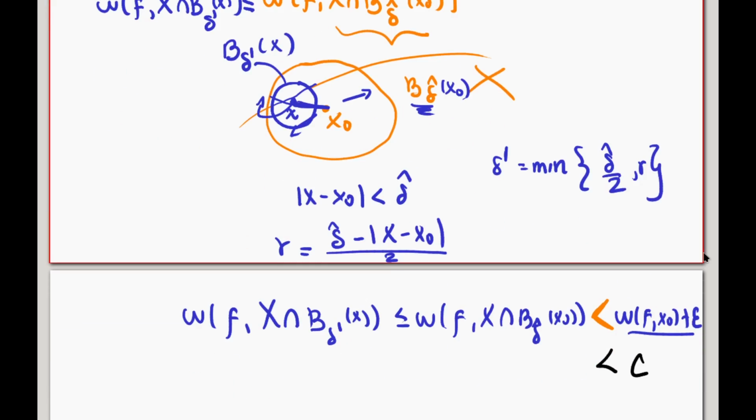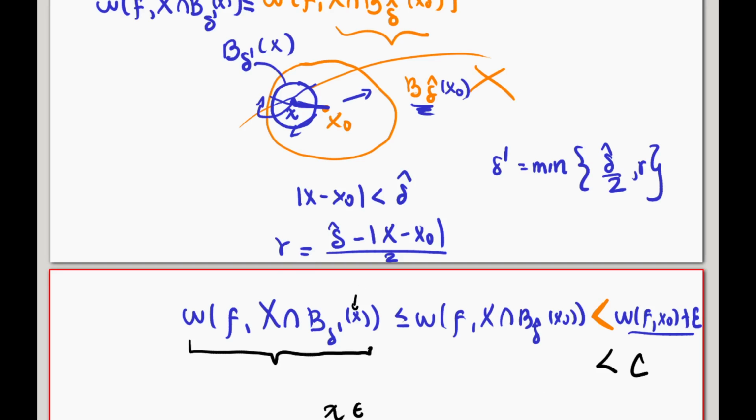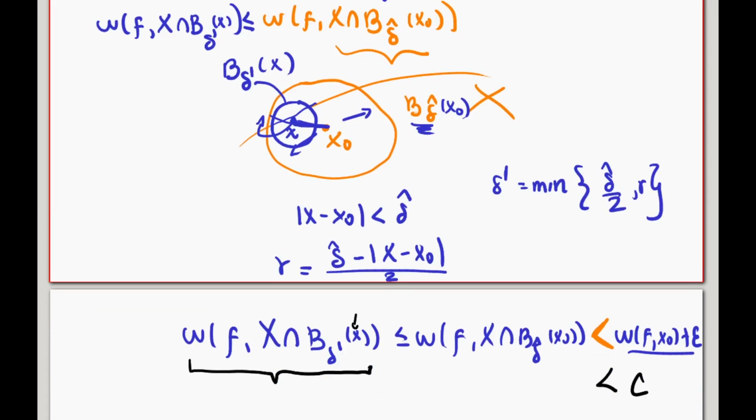And so if this is some value of an oscillation in this point, and x is a point inside of this, we choose that this is any point. So this happens, and then this is bigger than the infimum of f in that point.